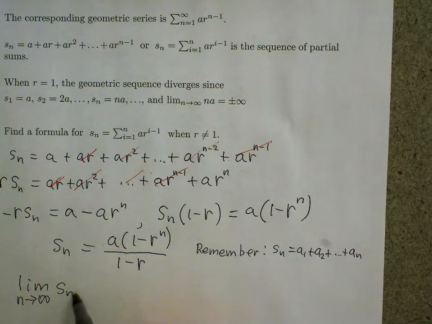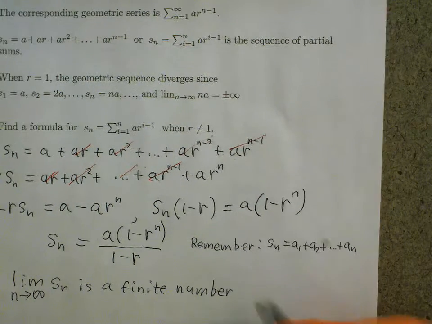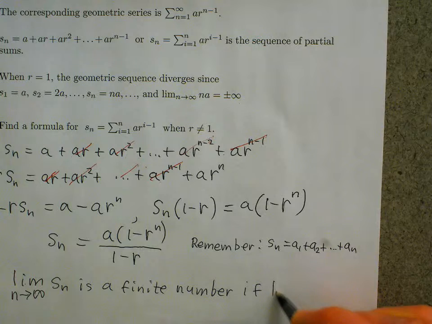So the limit of this is a finite number if the limit as n approaches infinity of r to the n is 0.